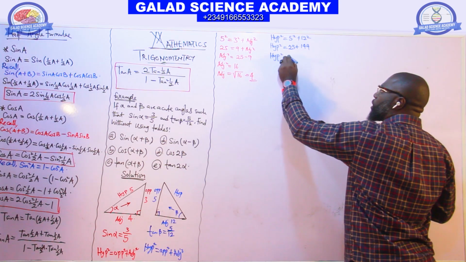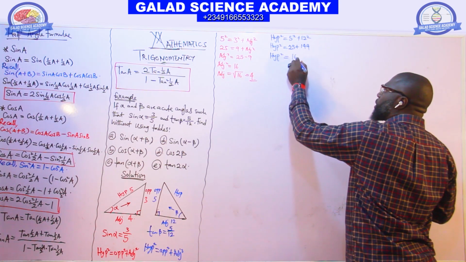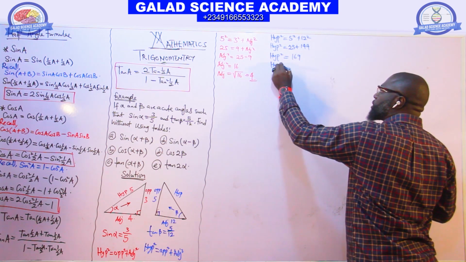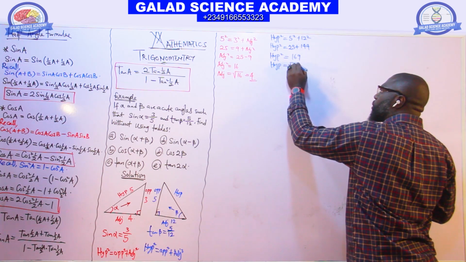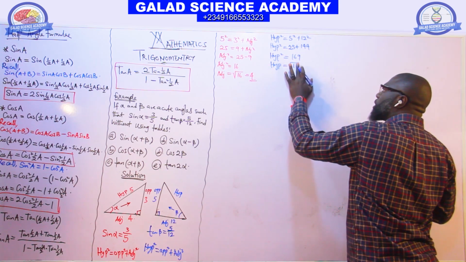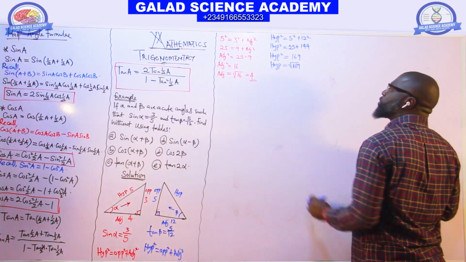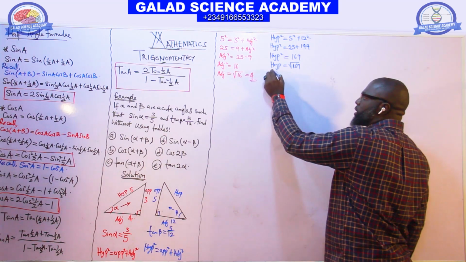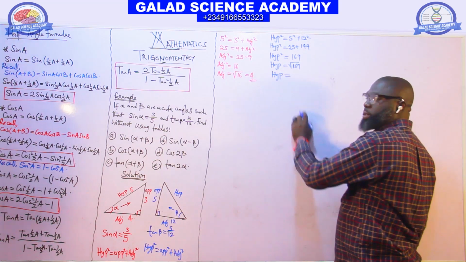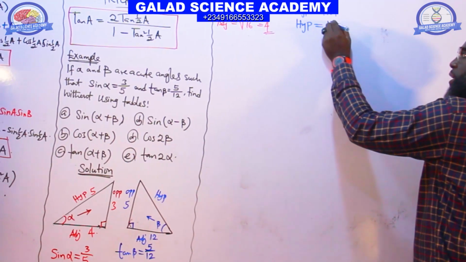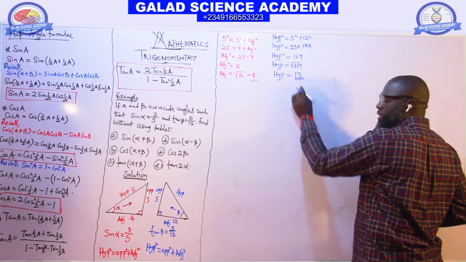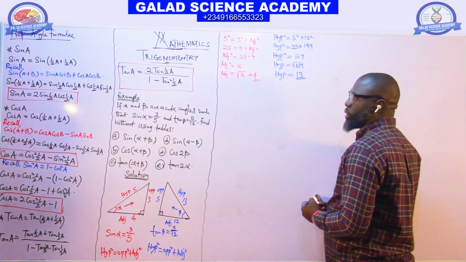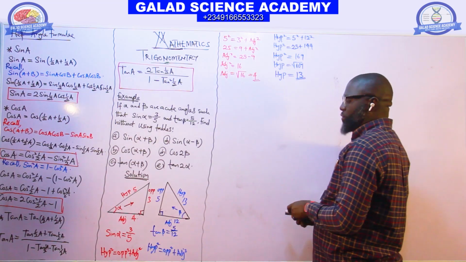Hypotenuse square will be equal to 169. So the hypotenuse will be the square root of 169, which gives us 13. So the hypotenuse here is 13. Good.